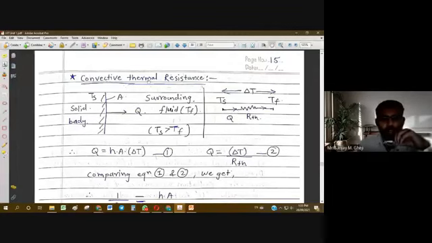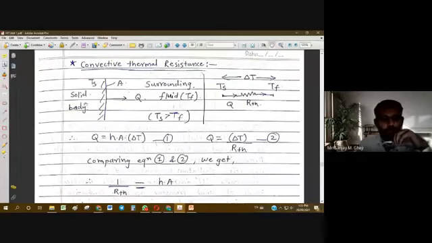Now let us see the convective thermal resistance. This is the case: some solid body having temperature Ts is surrounded by fluid at temperature Tf. Ts is greater than Tf, so heat transfer from solid to fluid will be by convection. The equation is Q is equal to HA into delta T. This convective heat transfer case can be represented by a general thermal circuit.